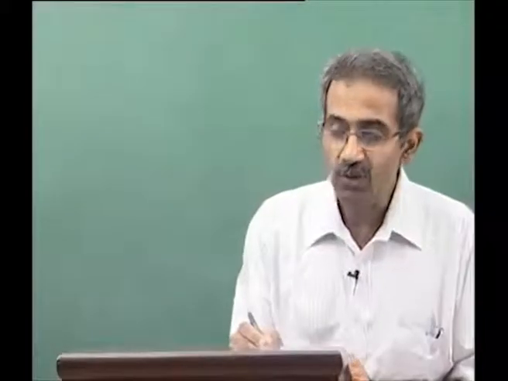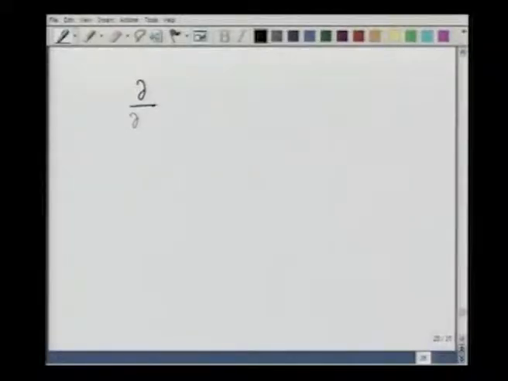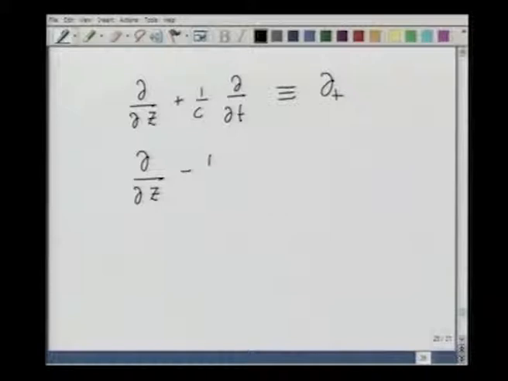What do I do with this wave equation? What I shall do is to introduce two differential operators, del by del z plus 1 by c del by del t. Let me call it del plus. That is a shorthand notation. You will understand why I wrote this plus. Now, let me introduce the other quantity, del by del z minus 1 by c del by del t, identically equal to del minus. And the partial derivatives can be exchanged. Right?